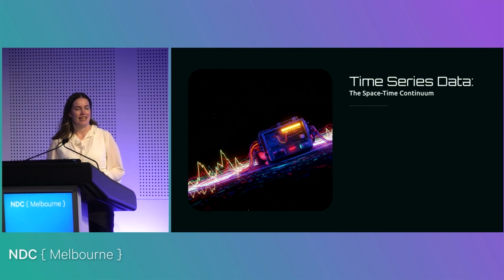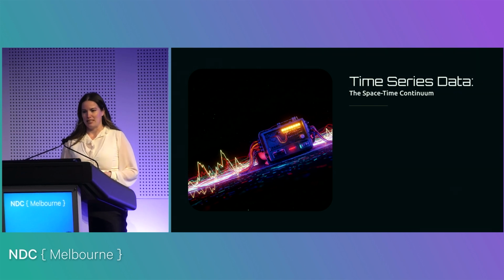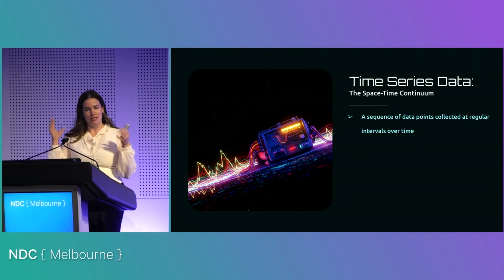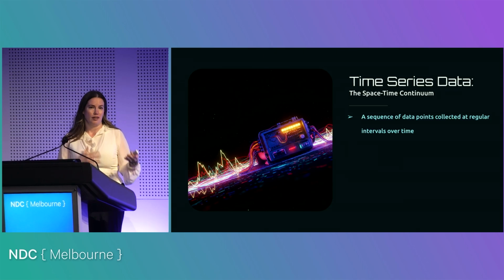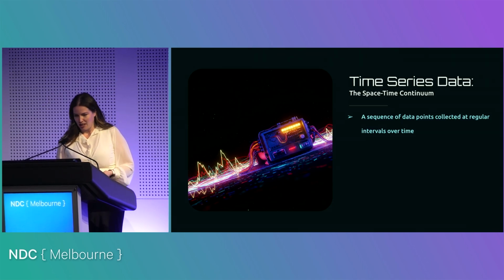Normally, when I see it, it's often done in an observability fashion, which is just time-stamped data, right? It's a sequence of data points collected at regular intervals over time. That's also done quite a bit in the financial industry, in IoT monitoring, and it's quite important in aerospace, monitoring where different aircraft are at different times and what is running.